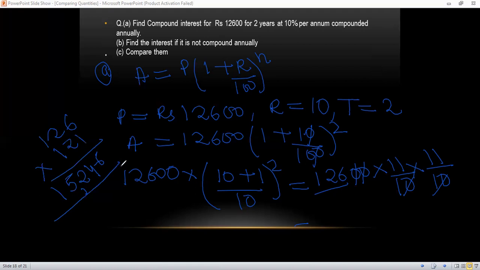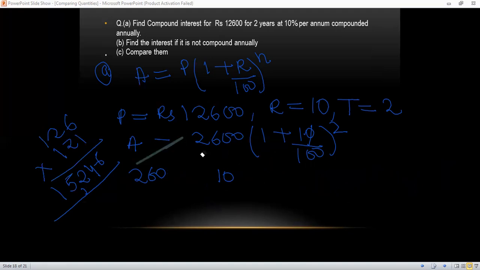Now how will we find the compound interest? We will subtract the principal amount from the annual amount.